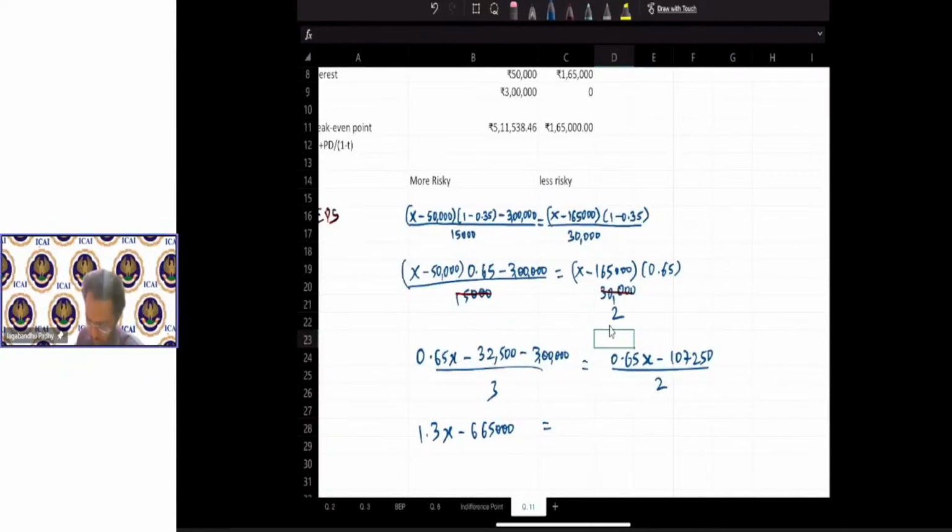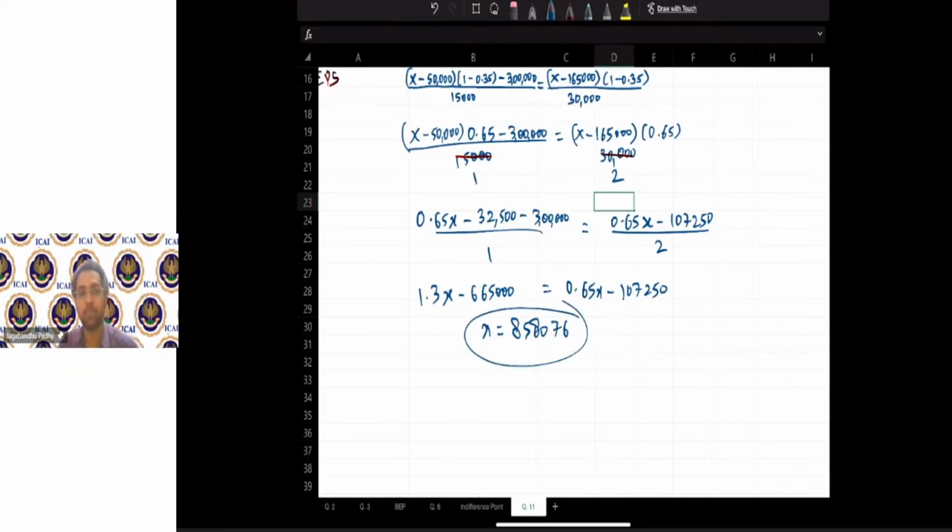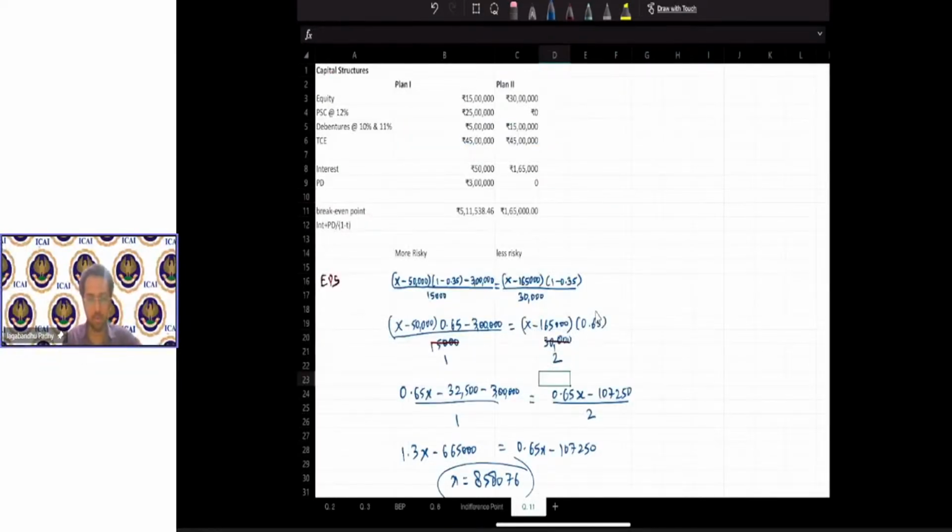It should be just 2, and this is 1. So 1.3X minus 6,65,000 is equal to 0.65X minus 107,250. Solving it, you will get the value of X to be 858076. Yes, this is the level of EBIT at which both the plans are going to have the same EPS.